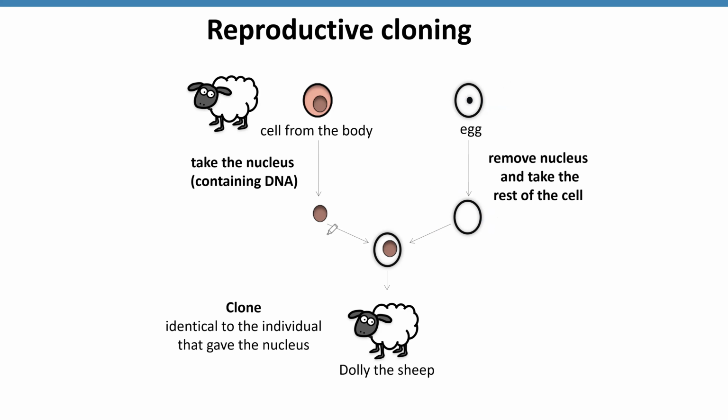We're going to insert the DNA from the body of this sheep, for example, into an egg. And then we fertilize it. Oh, well, we don't need to fertilize it, because this nucleus is already diploid. In the egg, remember, we have only half of the chromosomes, so it's 1N. In a human egg, we have only 23 chromosomes, so that's why we need sperm to fertilize.